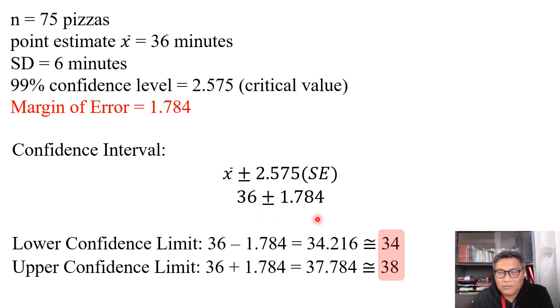Then we subtract and we add. So the lower limit will be 36 minus 1.784, which will give us 34.216, or in whole number, about 34 minutes, while the upper limit is 36 plus 1.784, that would be 37.784 minutes. Rounding that to a whole number, class, will give us 38.